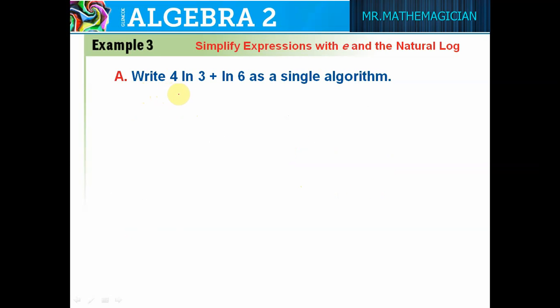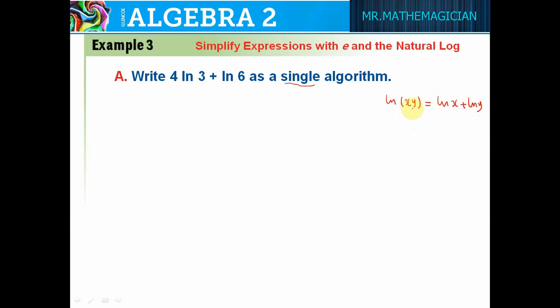Write 4 ln 3 plus ln 6 as a single logarithm. So how can we write it as a single log? It's very easy. Just remember that the properties of logs are also applicable for lns. So when you have ln xy, it means ln x plus ln y.